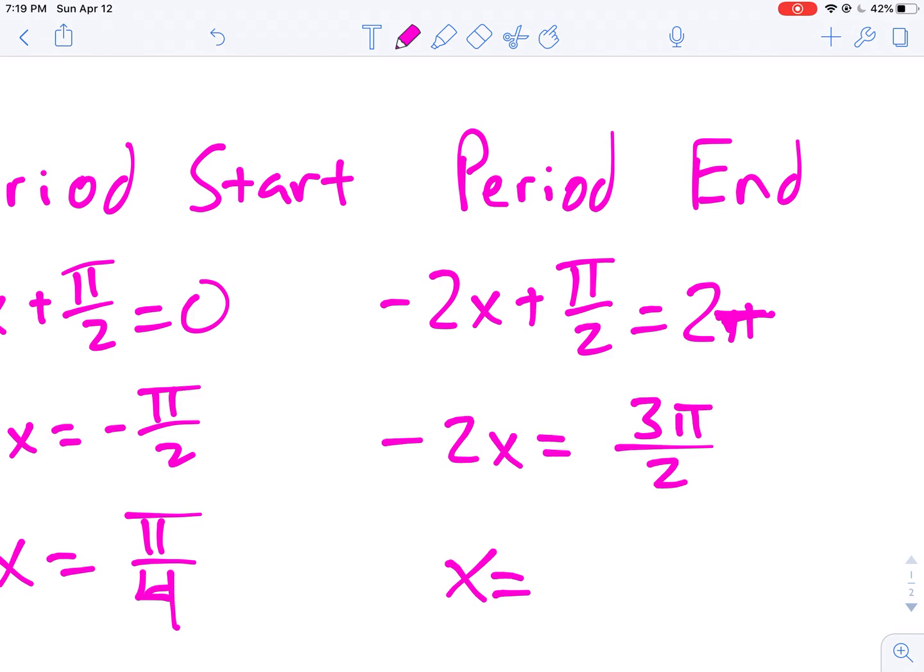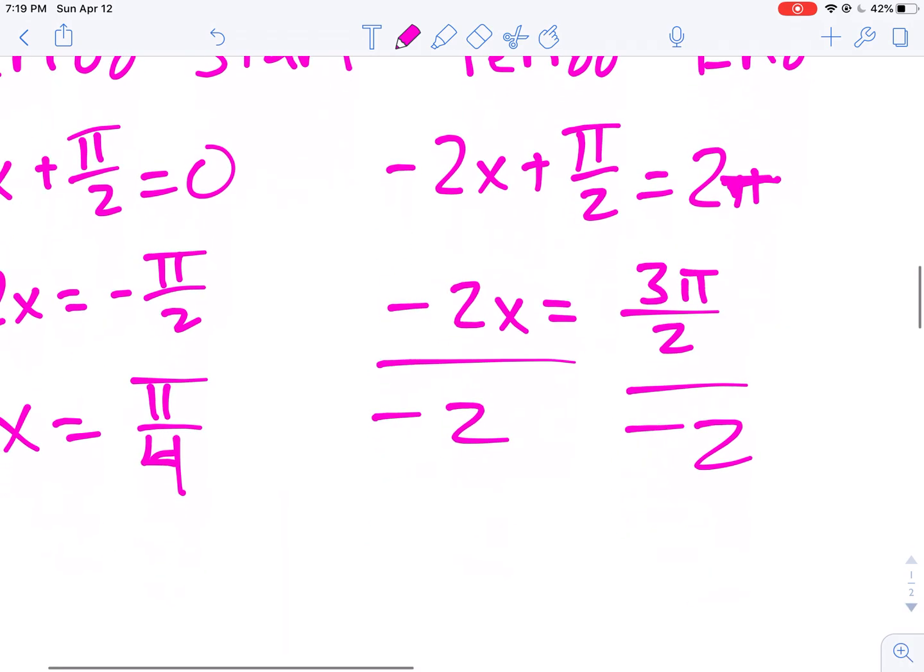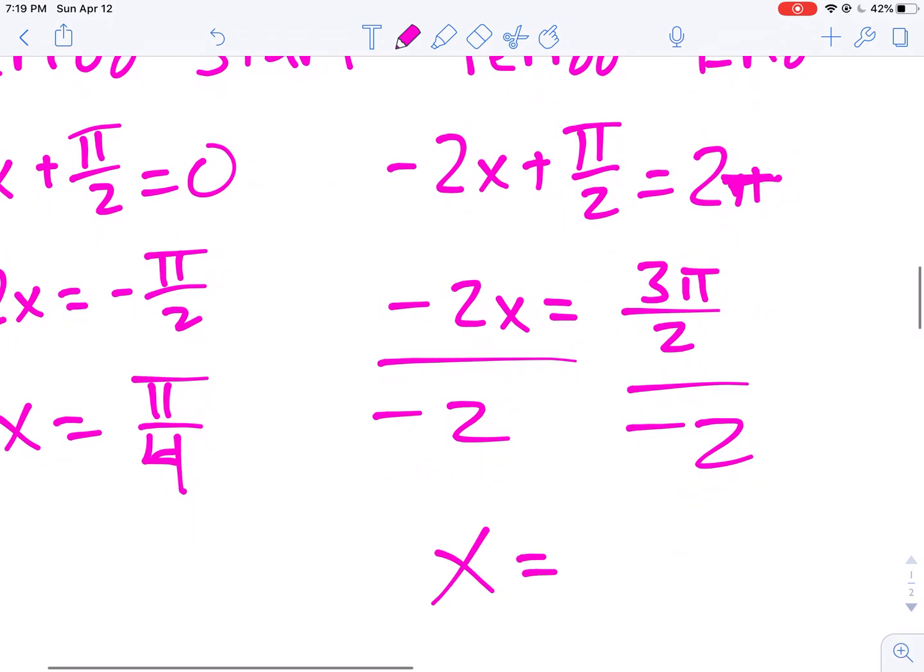So x would be equal to -3 pi. Okay, so dividing by -2, x is equal to 3 pi over 2 times 1 over -2.